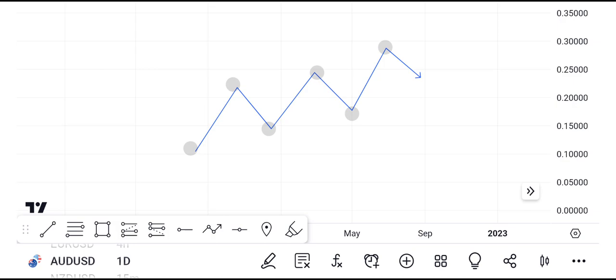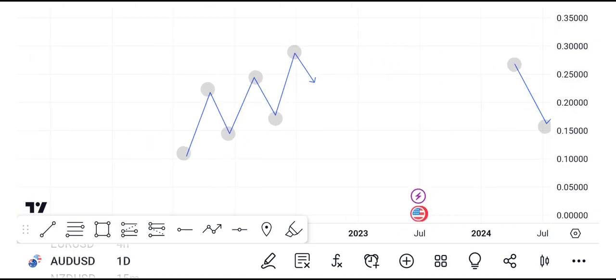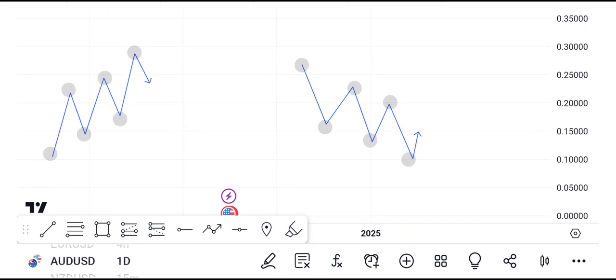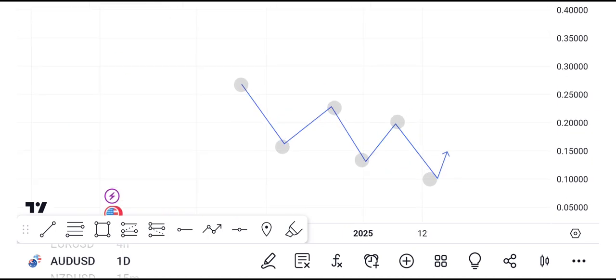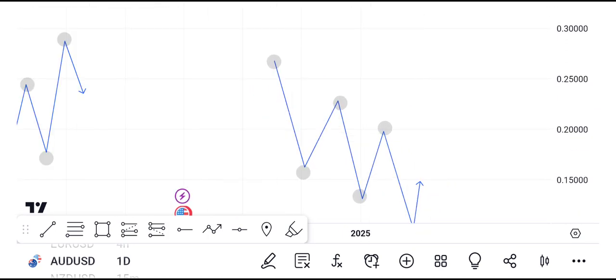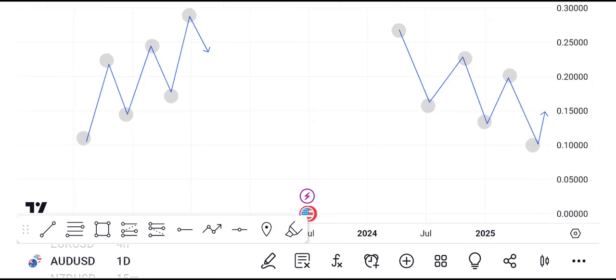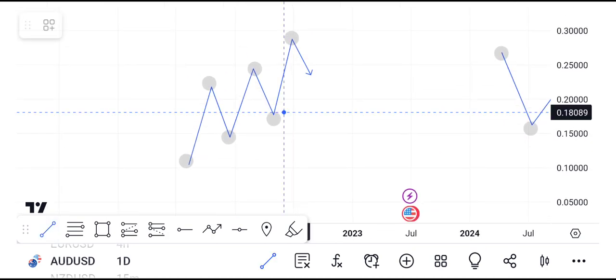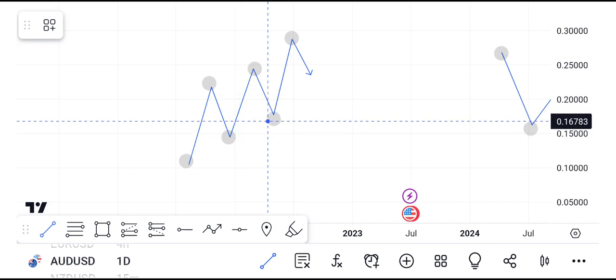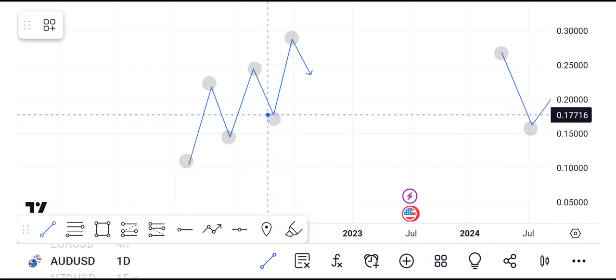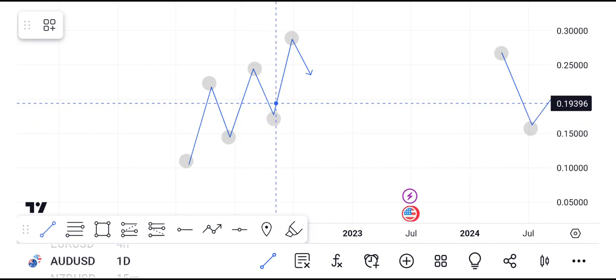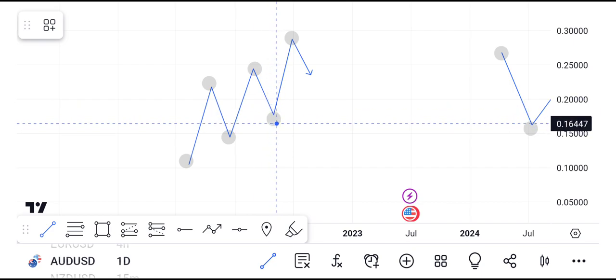If we are in an uptrend, we want to look at the two previous higher lows. If we are in a downtrend, we want to look at the two previous lower highs. Let me break it down for y'all. Meaning, we're going to be looking for this low here. These are the two previous lower highs.